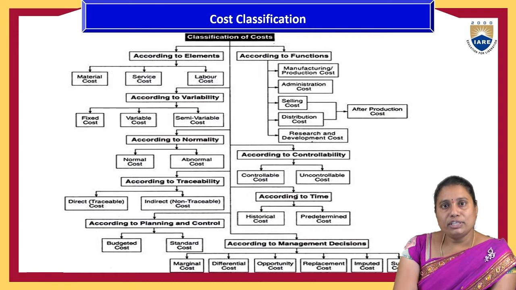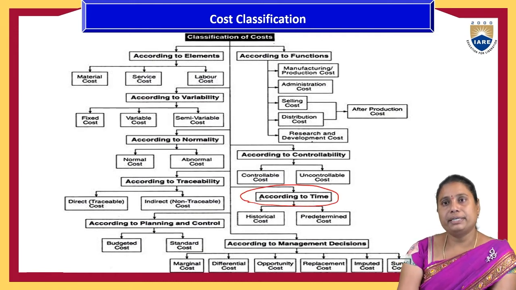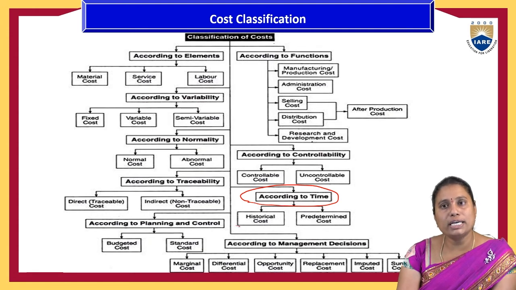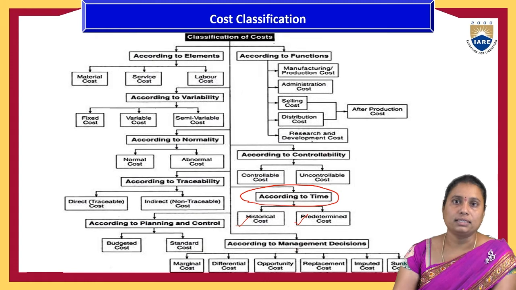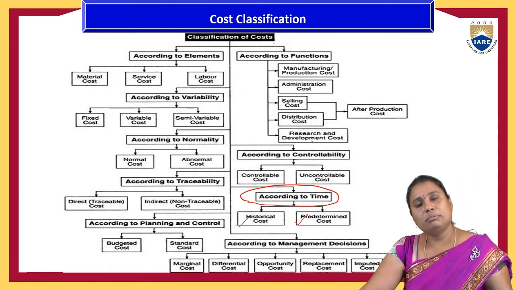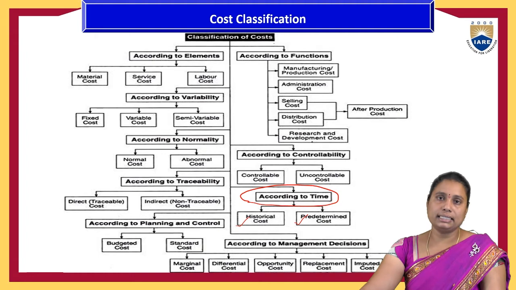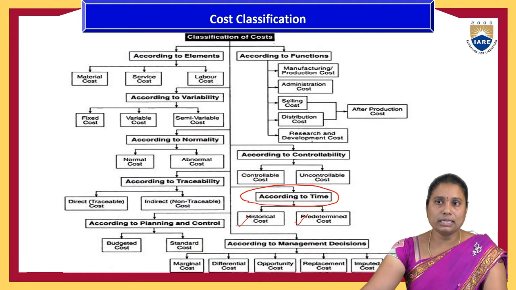The next level of classification of cost is according to the time period. It is categorized into historical cost and predetermined cost. From the past onwards, like last year, last month, or last several years, whatever they have been continuously spending is called historical cost.